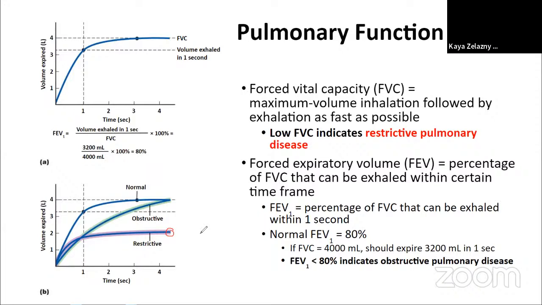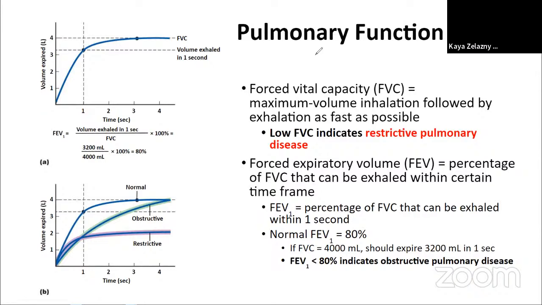Whereas obstructive means there's a problem with resistance. There's too much resistance. Our bronchioles are too small. So we could eventually get that same amount of air, but we get there slower. So in that first second, our FEV is going to be lower than 80%.